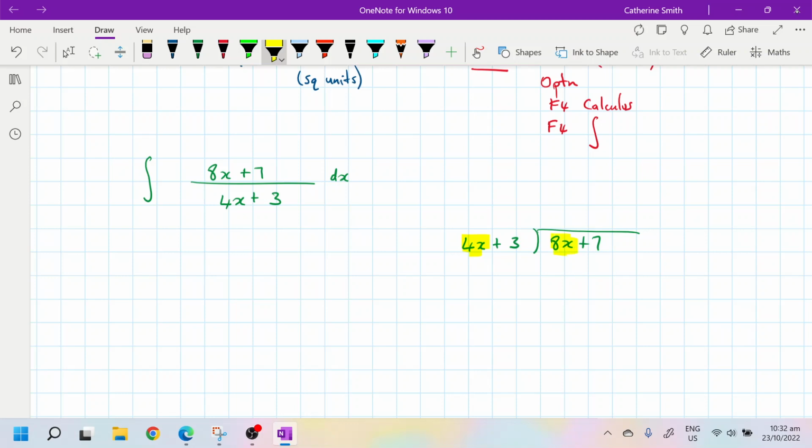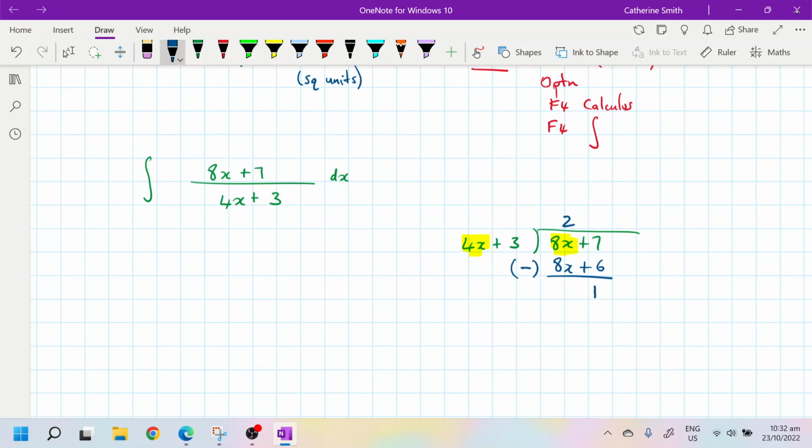How many times does 4x go into 8x? It goes in twice. So then you multiply it across, so 2 times 4x, we get 8x. 2 times 3, we get 6. You subtract them. 8x minus 8x, no x's, so that's eliminated. 7 minus 6 gives you 1.